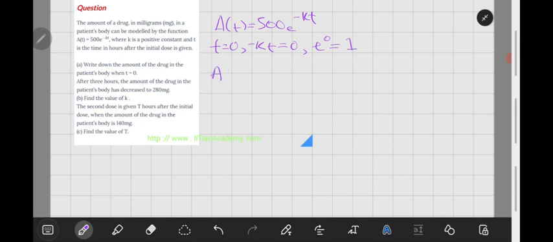And so A(0), the amount in the patient's body at 0, would then be equal to 500. So there would be 500 milligrams of this drug in the patient's body when t is equal to 0.